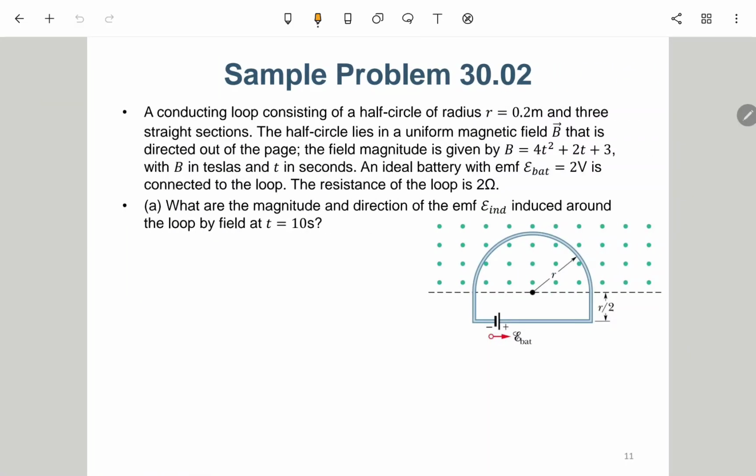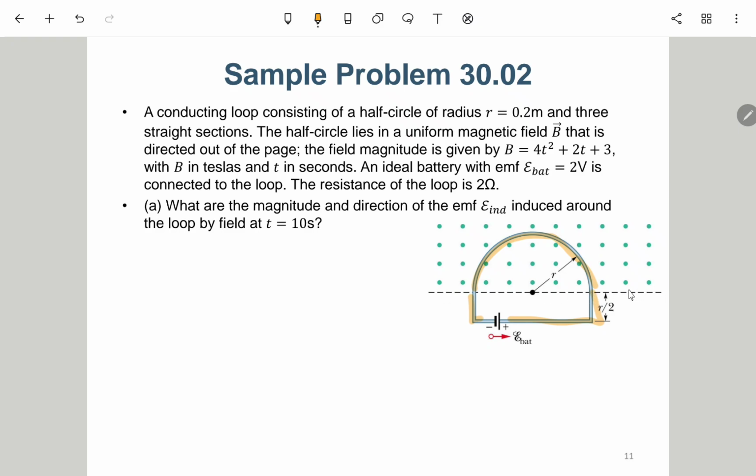Okay, so here we have another sample problem. It says a conducting loop consisting of a half circle of radius r equals 0.2 meter and 3 straight sections. 所以这里有一个半圆形，有3段是直的。The half circle lies in a uniform B field that is directed out of the page.